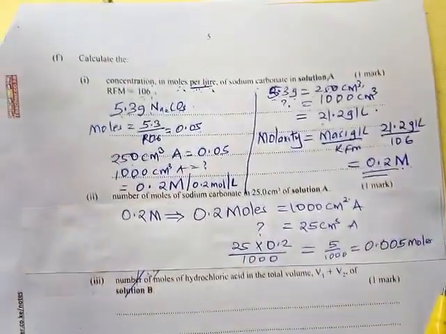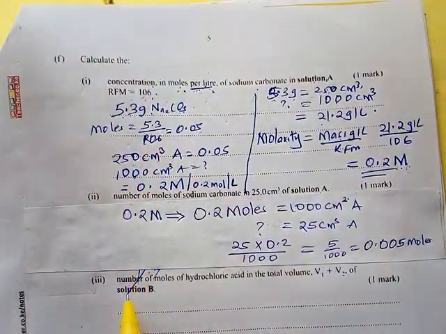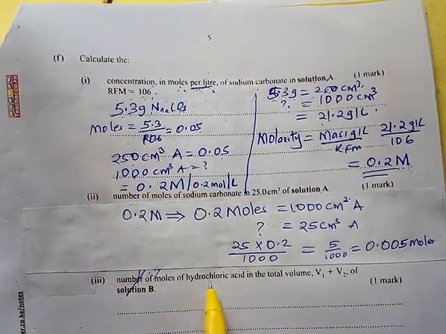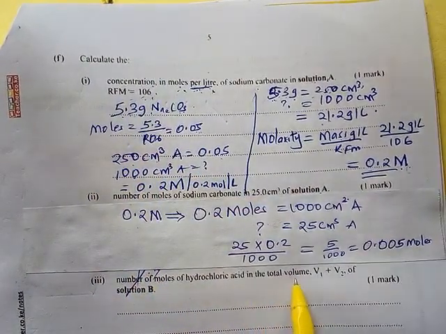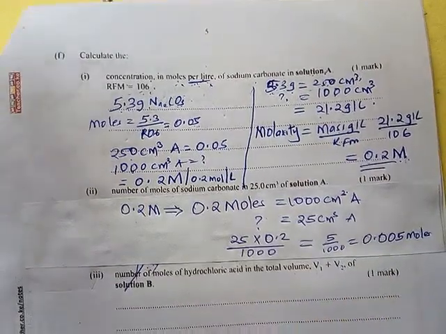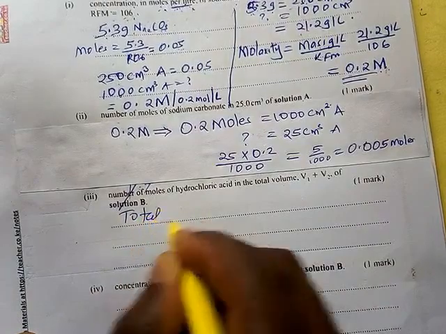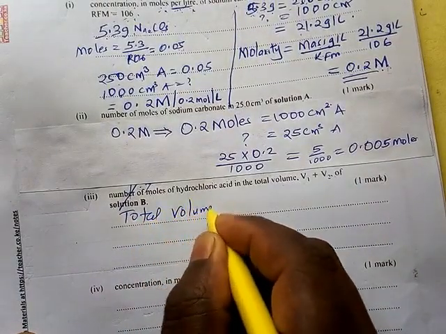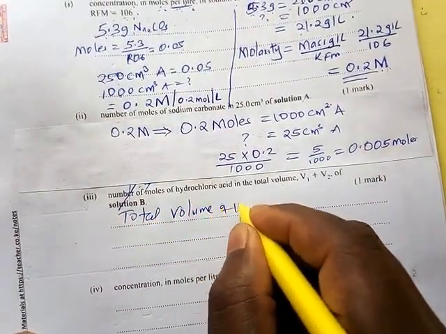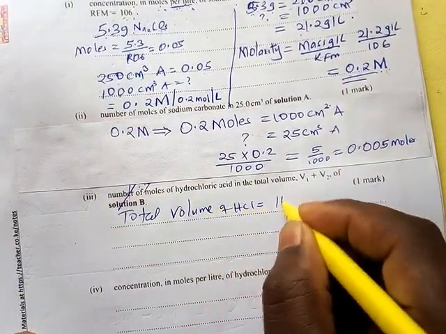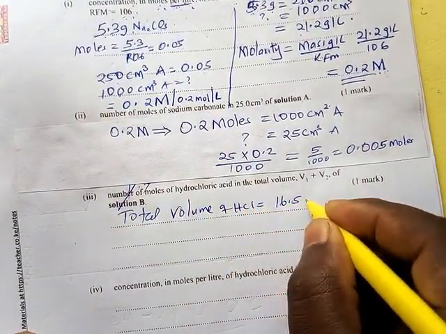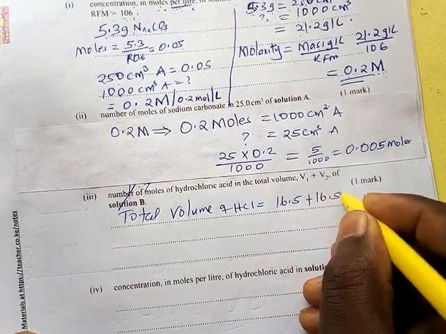Remember, the question begins up there. Calculate the number of moles of hydrochloric acid in the total volume, volume 1 plus volume 2. So total volume of HCl equals 16.5 plus 16.5.